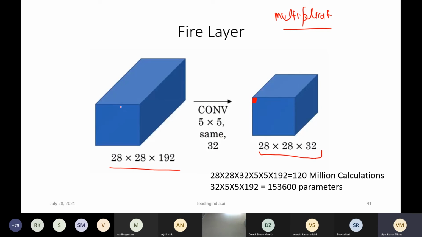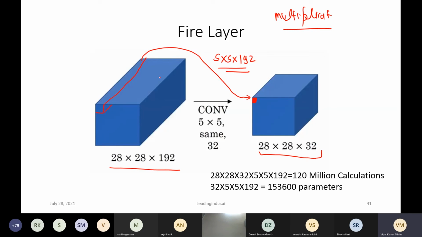You have this 5 cross 5 kernel, and that will go into the entire depth and multiply. After the multiplication, they will do all the summation and it will generate one value. So in order to get this one value, we need 5 cross 5 cross 192 multiplications. Any doubt on this? How we need 5 cross 5 cross 192 multiplications to get this one single value?